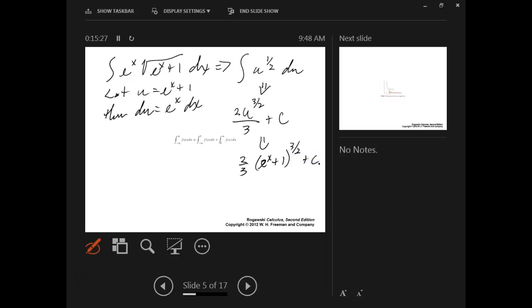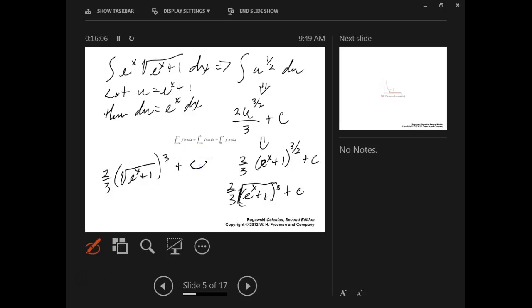Now, there's a couple of different ways you could write that. You don't have to change this by any means. Since you started with radicals, you could write 2/3 the square root of e to the x plus 1, cubed, plus c, or 2/3 the square root of e to the x plus 1, cubed on the outside, plus c.